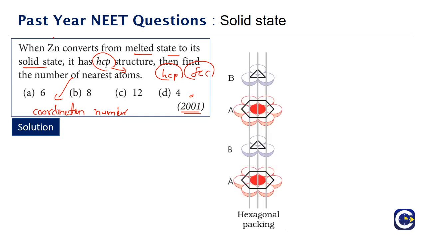If you look at an HCP, this is how we will form it. We will have a layer of type A where you have a central atom surrounded by 6 atoms. That's why it is hexagonal. Then B will have 3 atoms forming a triangle.